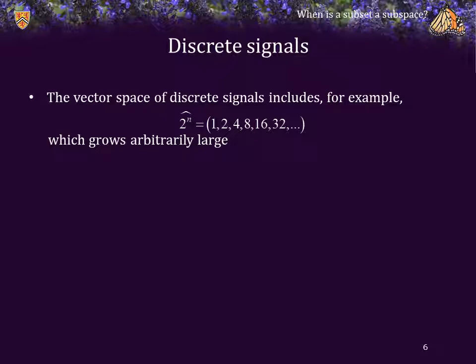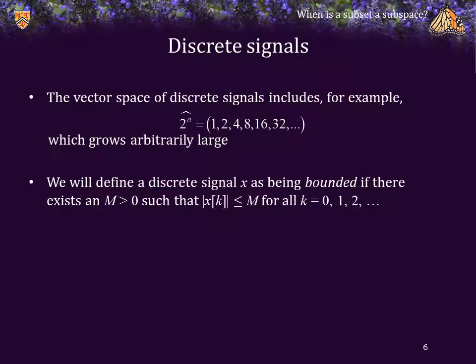Now, this vector space of discrete signals includes, for example, this signal, which is powers of 2. So 1, 2, 4, 8, 16. This grows arbitrarily large. So it goes to infinity as k, or the index, goes to infinity.